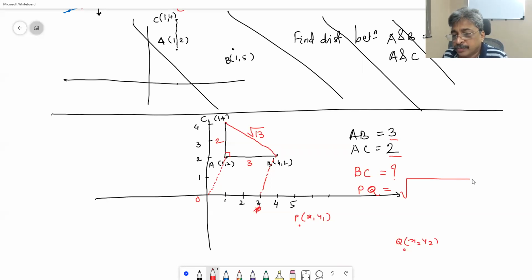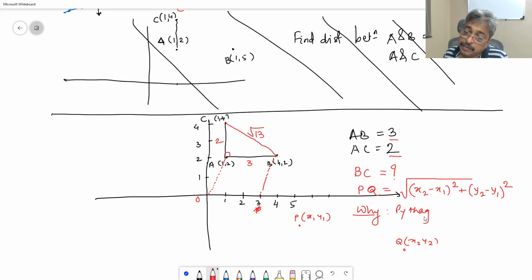Root of (x2 minus x1) whole square plus (y2 minus y1) whole square. Why? Because of Pythagoras theorem. Okay, good.